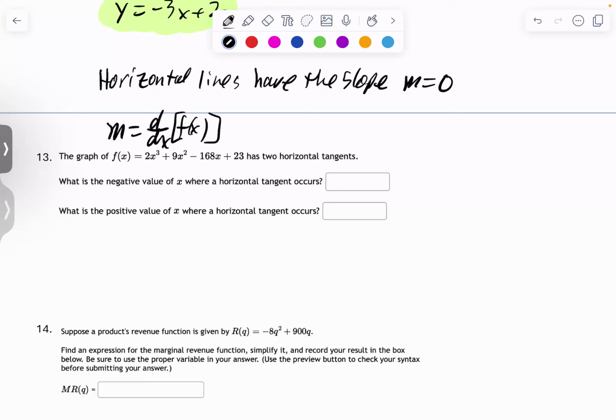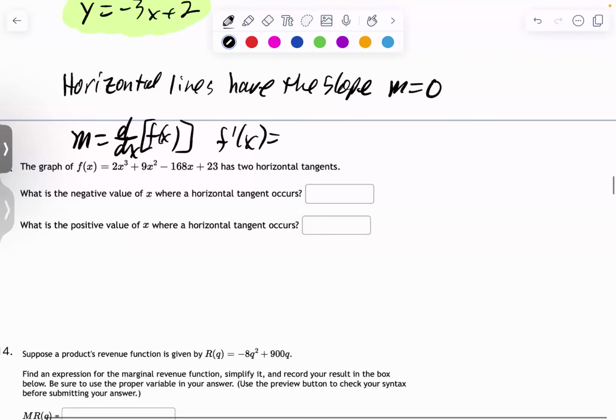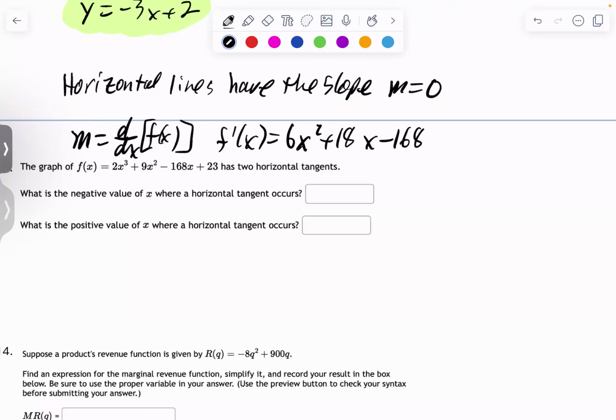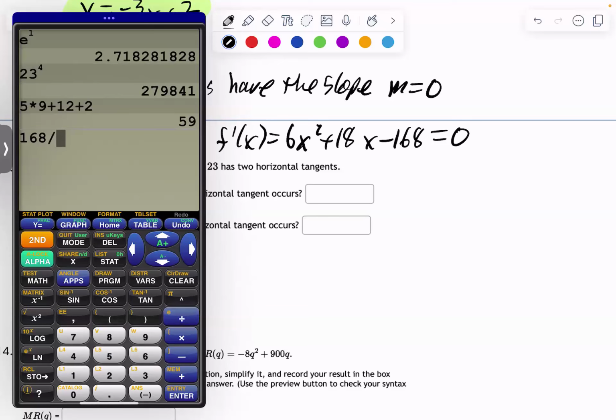So if I take the derivative, f prime of x, I get 6x squared plus 18x minus 168. And I want to know where that equals 0. Okay. Let's see, 168 divided by 6.